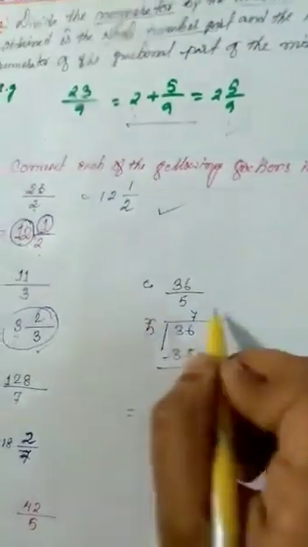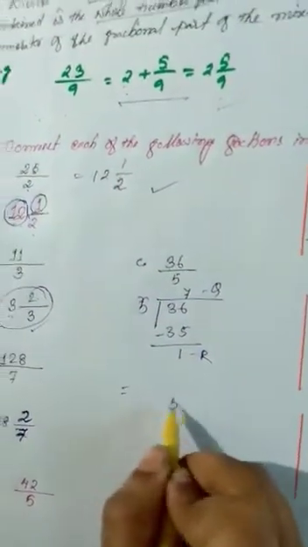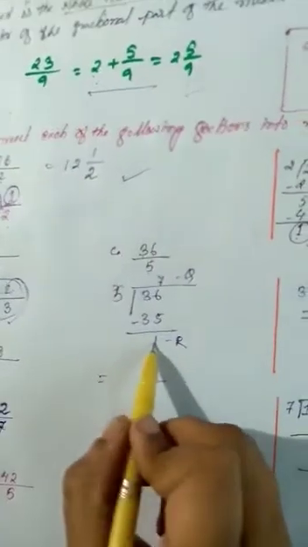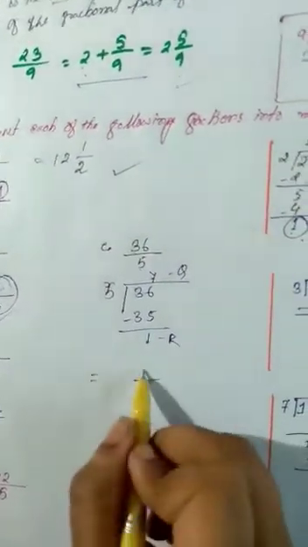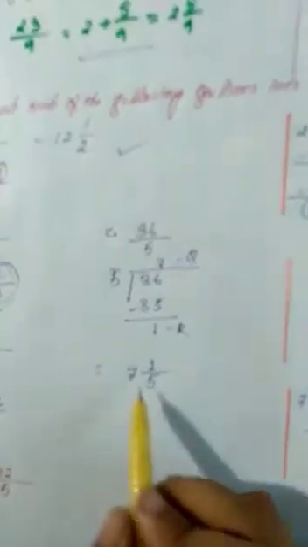So how can we write it now, as it's the quotient and the remainder? The denominator will be the same, 5. The remainder 1 will be the numerator, and the quotient will be the whole number. So it's a combination of a whole number and a proper fraction. 1 by 5 is a proper fraction. I hope this is clear to you now.